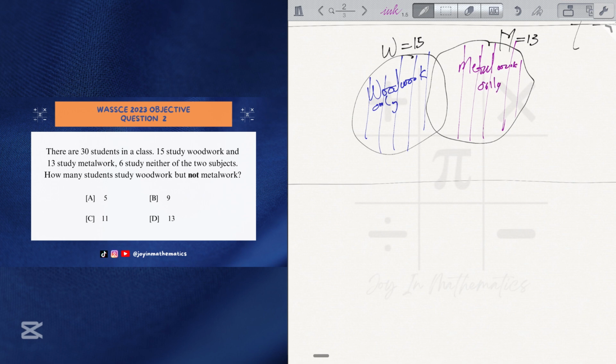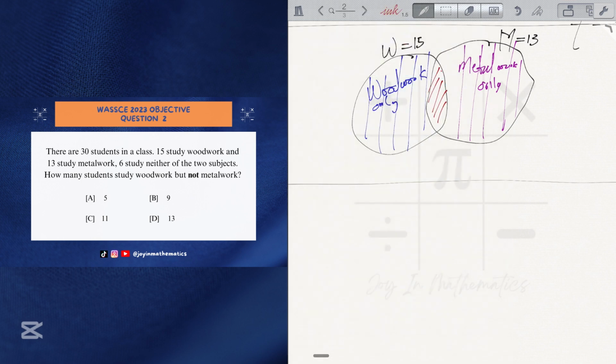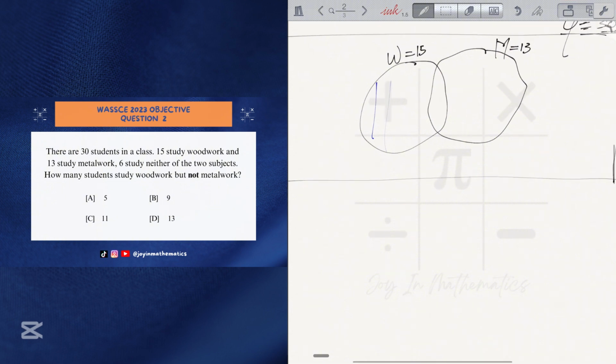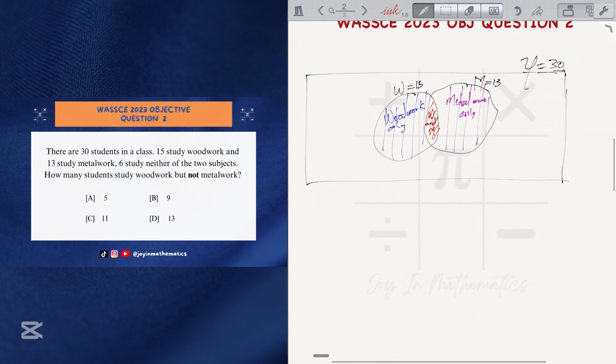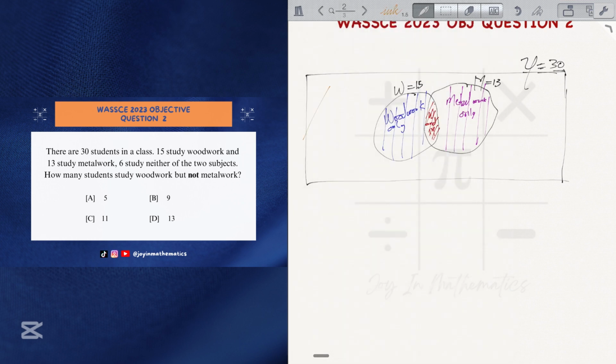And this intersection will be both woodwork and metalwork, so W and M. Now, if you don't study woodwork or metalwork, then that means you fall outside woodwork and outside metalwork, but you are still within the classroom. Maybe your option was just not stated, maybe you're studying fabrication or something. So that means this region is equal to 6.